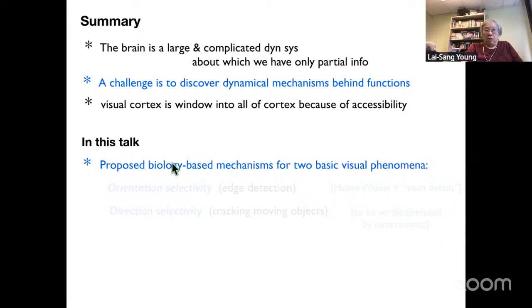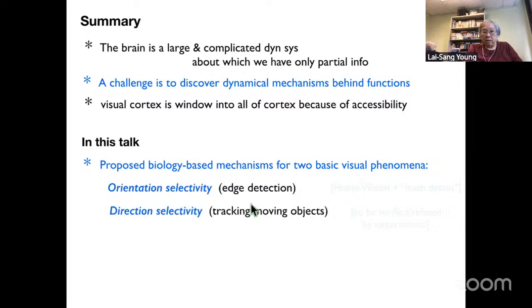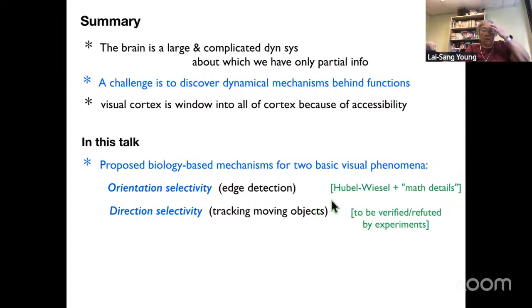In this talk, I proposed some biology-based mechanisms for two basic visual phenomena: orientation selectivity, which is implicated in edge detection, and direction selectivity, tracking moving objects. For orientation selectivity, one could think of this as mostly based on the proposal of Hubel and Wiesel.